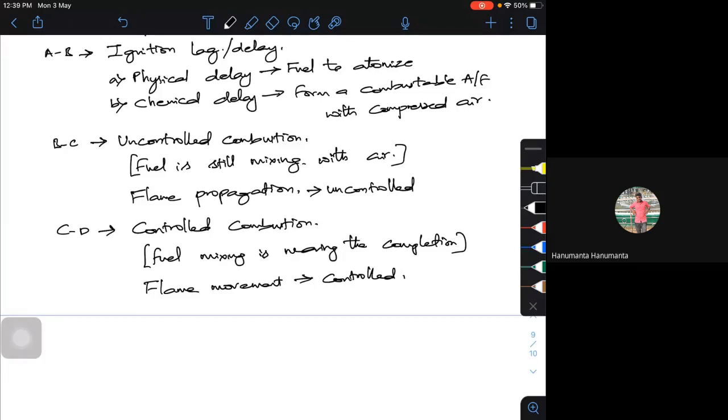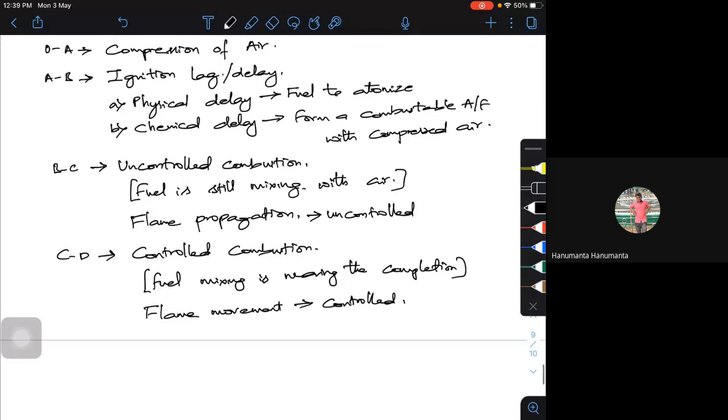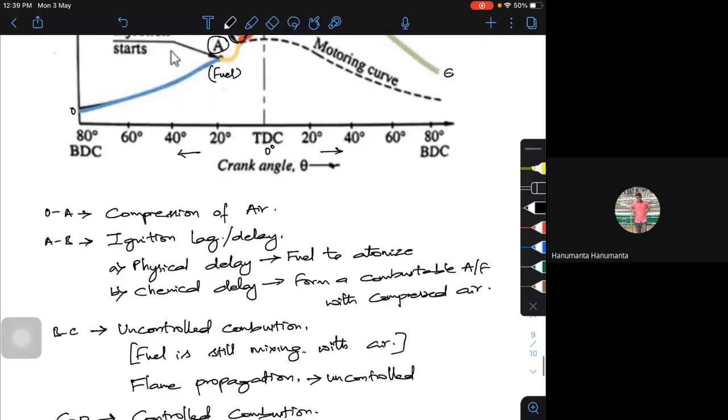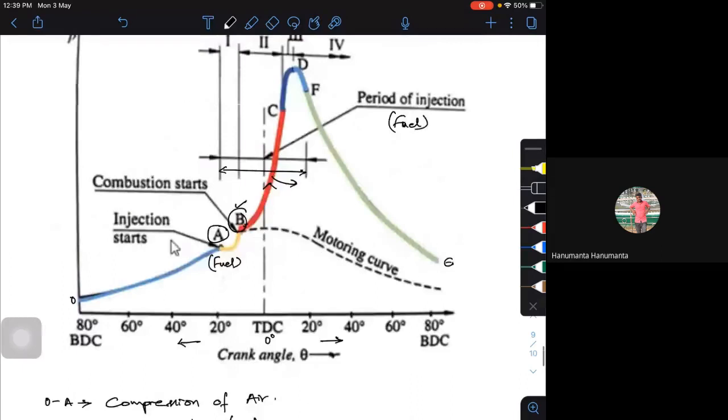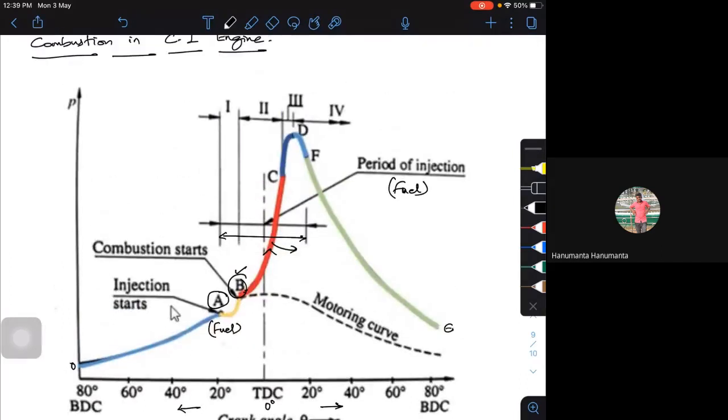Once you reach point D, D to F is the start of your expansion, or after burning. D to F, slowly it will start expanding, and F to G is the complete expansion process.